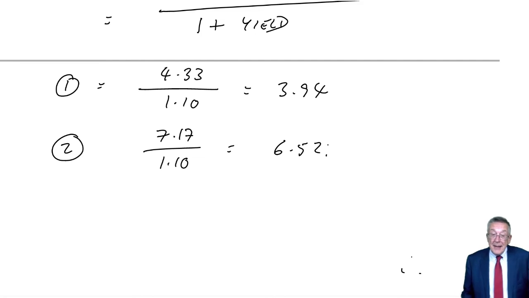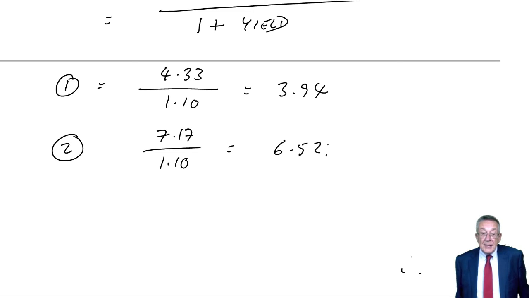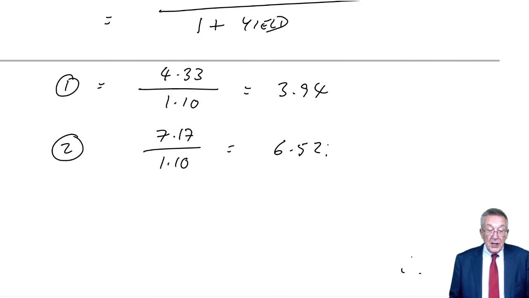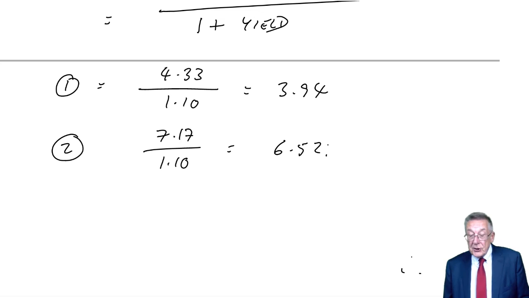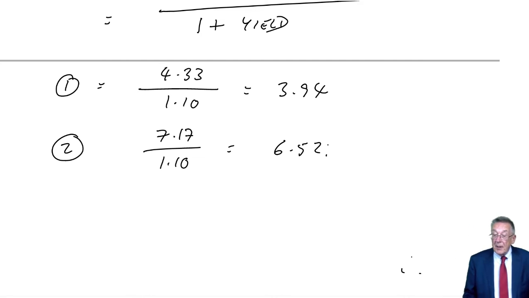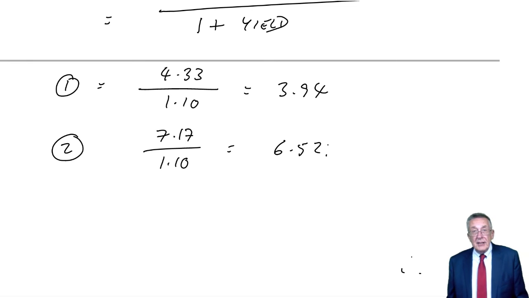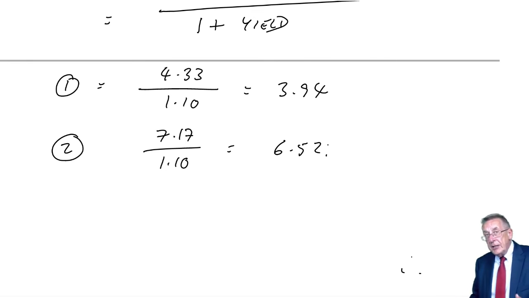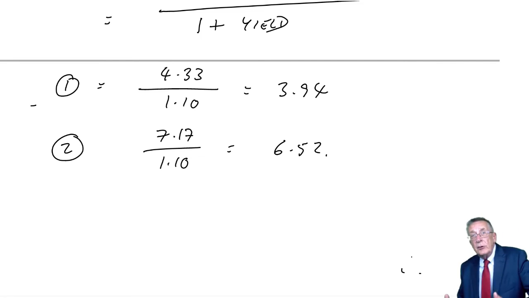And what that effectively means, that as interest rates change in the future, as interest rates go up by 1% or down by 1% and so on, we already know, we've illustrated, the market value will change. Well, we're effectively saying the change in the market value will be, in the case of example 1, 3.94 times the change in the interest rates.